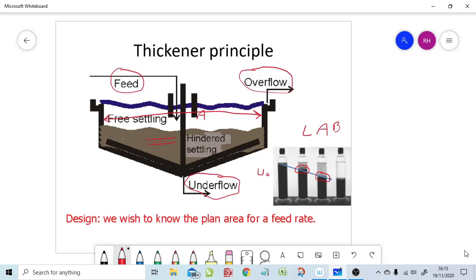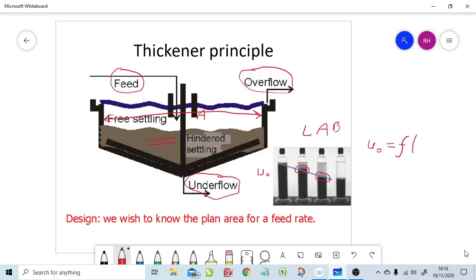Okay, so here are the sorts of simple laboratory tests that we can do, that should predict the performance of a large-scale thickener, and particularly the design area of that thickener. And this is all based on the fact that the settling velocity, what I called U0, is a unique function of concentration.